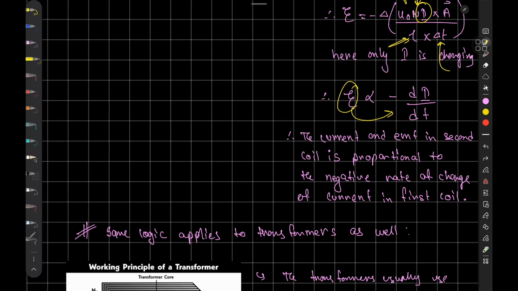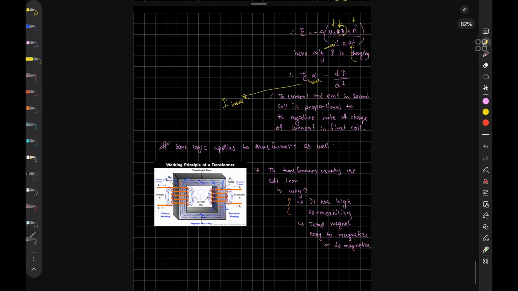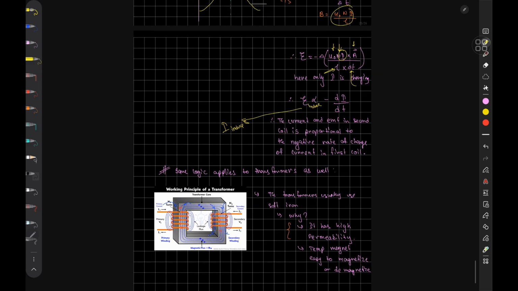So whatever the rate of change of current is, negative of that will be your EMF induced, or you can also say that same shape will be of the current induced. This is EMF induced. Good. Fair.